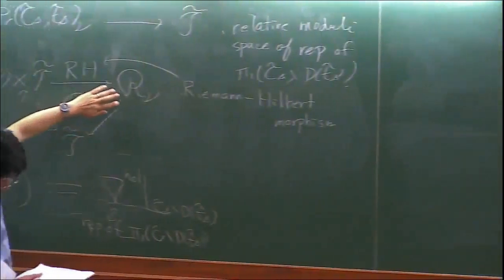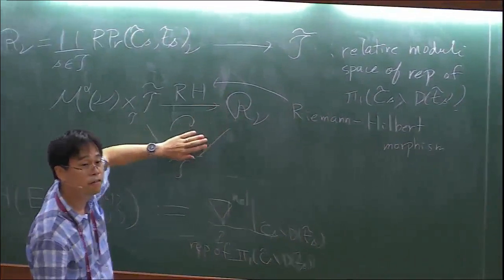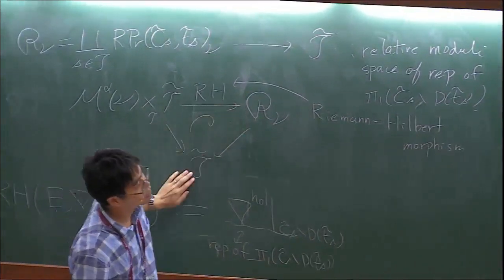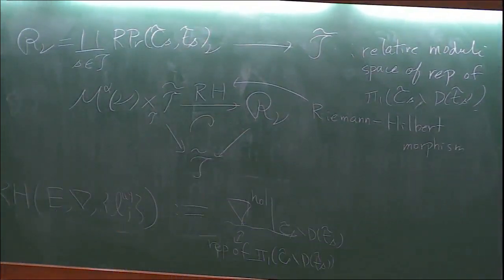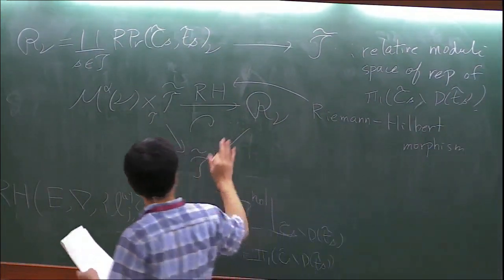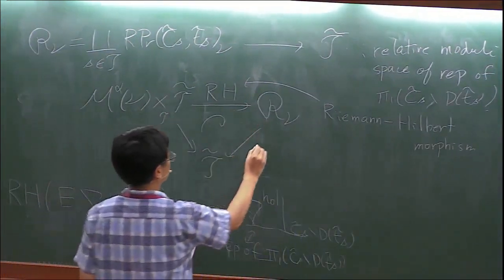And as in the previous comments, this family is a trivial fibration because T tilde is the universal cover. Pi 1 of T tilde is trivial, so this is a trivial fibration.